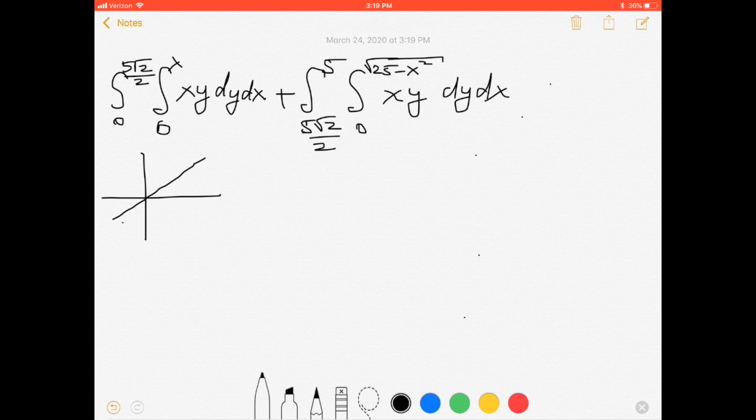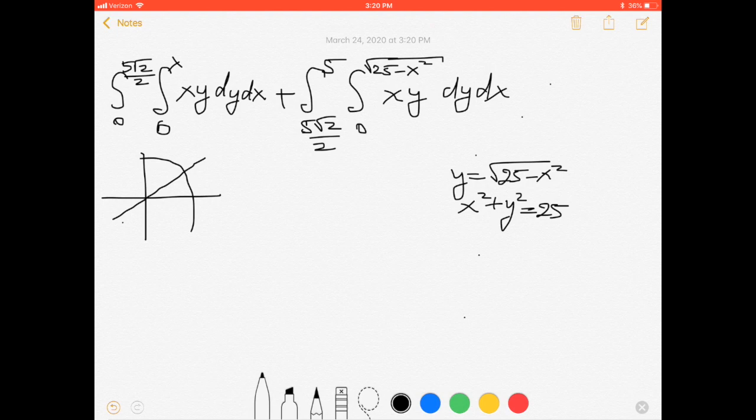In the second integral, variable y changes from 0 to part of a circle, because if y is equal to square root of 25 minus x squared, this means x squared plus y squared equals 25, right? Okay, now let's go, it's part of a circle.